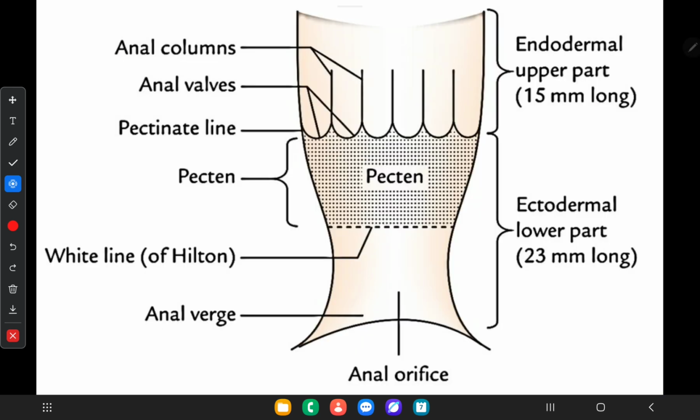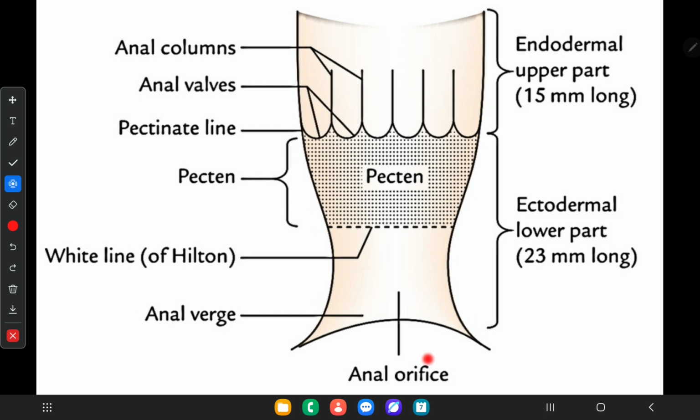Hope this diagram is clearer. The upper part is endodermal and 15 mm long, then the pecten or middle part, and then the lower part. Altogether the middle and lower parts are 23 mm long, but the pecten area is 15 mm and the lower part is about 8 to 10 mm.